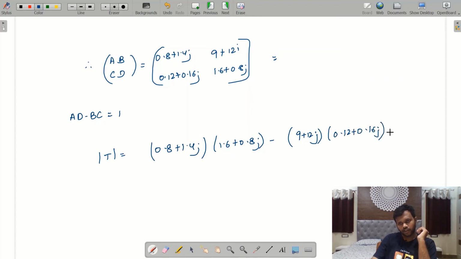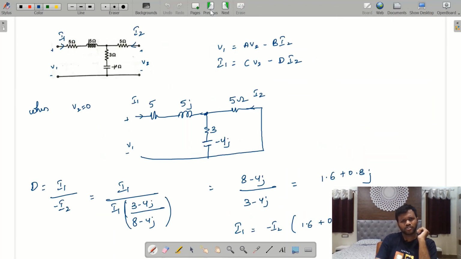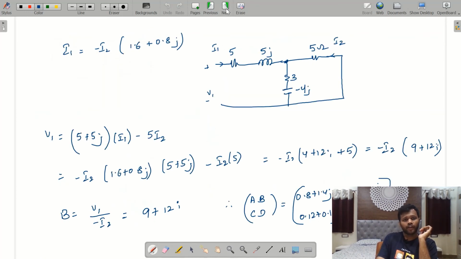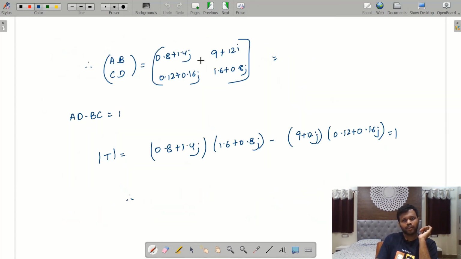You can find it, you will get it as 1. So there is no need to calculate it; just by looking at the network, you can say it is a passive network, therefore the given network is reciprocal. In this way you can write.